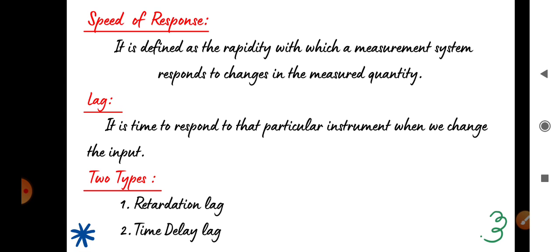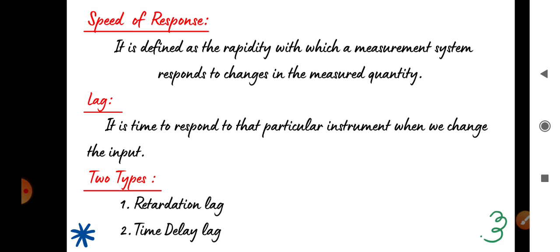The dynamic characteristics are speed of response, lag, dynamic error, and the transfer function. Speed of response is defined as the rapidity with which a measurement system responds to change in the measured quantity. The second one is lag. Lag is the time the instrument takes to respond when we change the input.